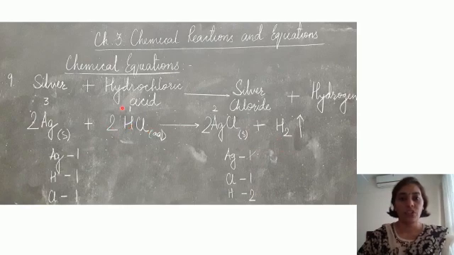We will write a coefficient 2 here. By writing a coefficient 2, hydrogen is balanced. But then chlorine, also this 2 is applicable to this chlorine. So chlorine becomes 2. So we need to balance chlorine on this side now. And to balance it, we write a 2 in front of AgCl.